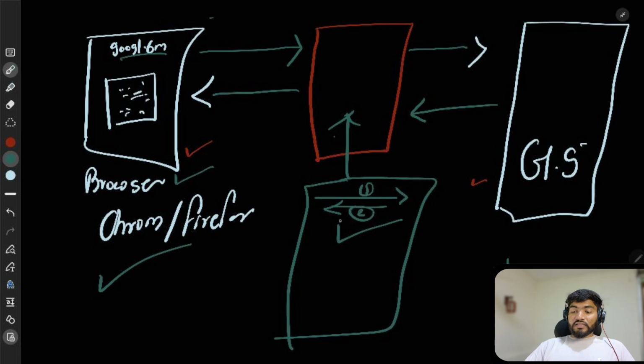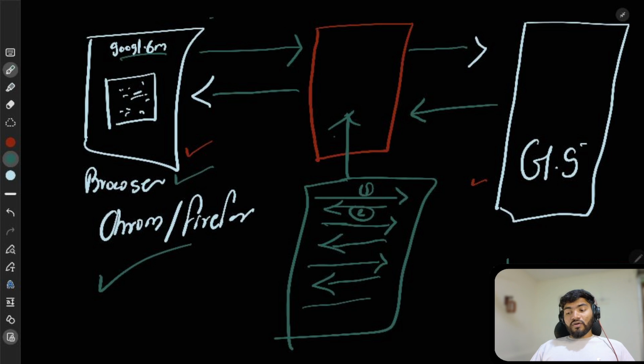Then it says, oh, you didn't send the logo of Google, send me the logo. Then it will send the logo. Then it will say, oh, send me the JavaScript files for Google's website, and it will send them. Then it will say, oh, the user is trying to search something on Google, give me a response for that, and it will give the response. So all of this communication is right here.